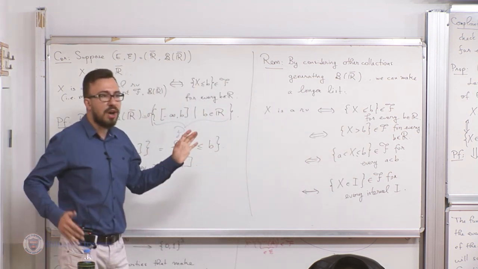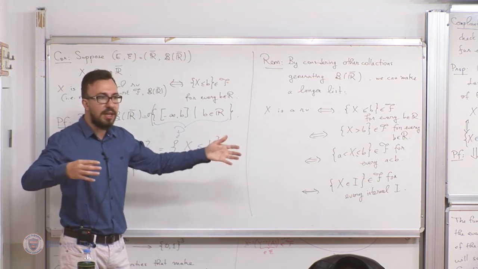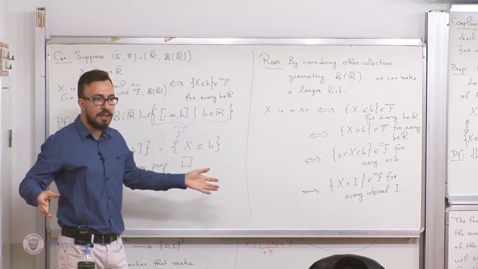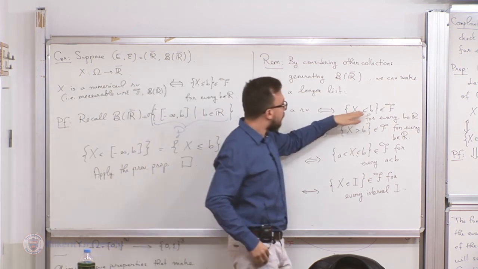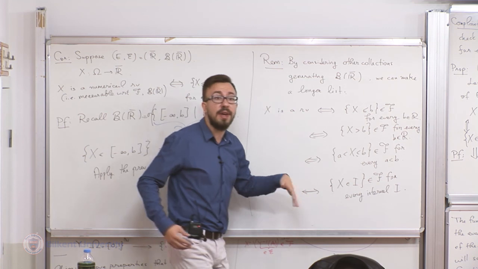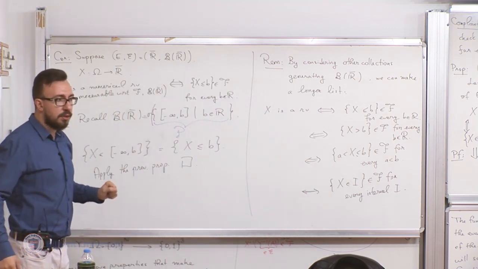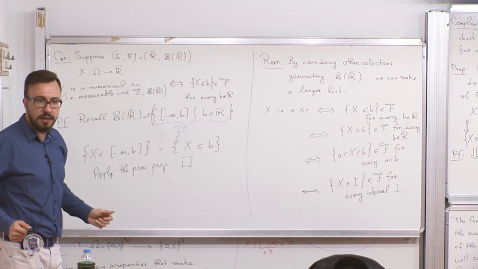So don't try to work with a crazy Borel set, right? You don't need to work with all those crazy Borel sets. Just look at simple things like intervals of this form, or of this form, or of any form you want. Okay? So let's give a break and meet in 10 minutes, okay?